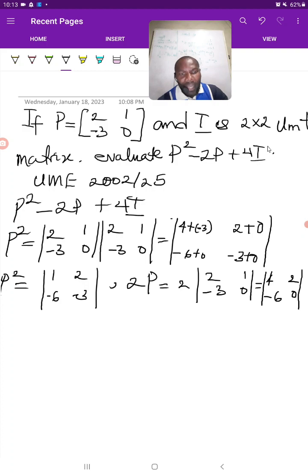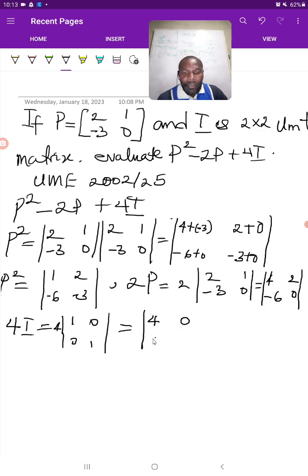And now let's find 4I. We have said earlier that I is [1, 0; 0, 1]. So therefore 4I will be [4, 0; 0, 4]. To now evaluate this value, P squared minus 2P plus 4I, you write everything.